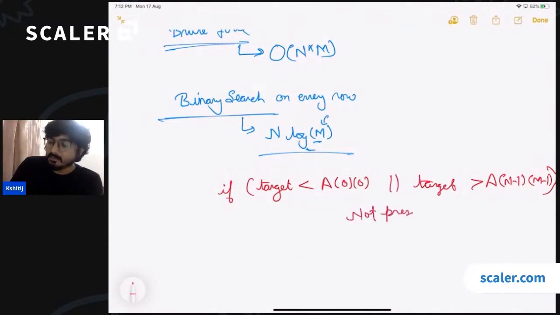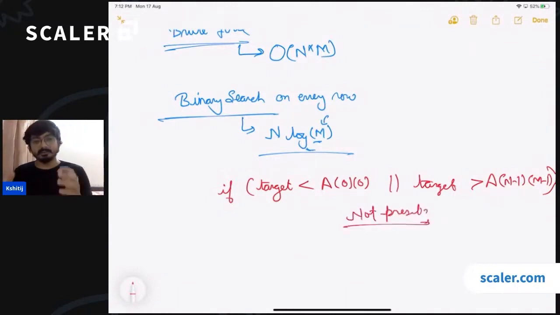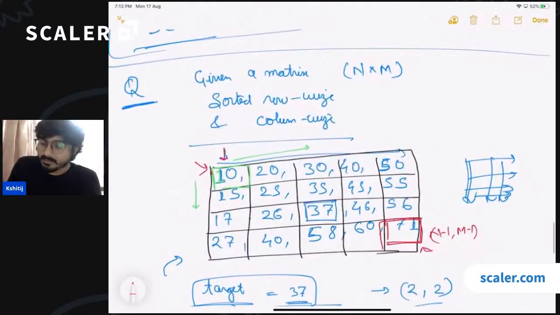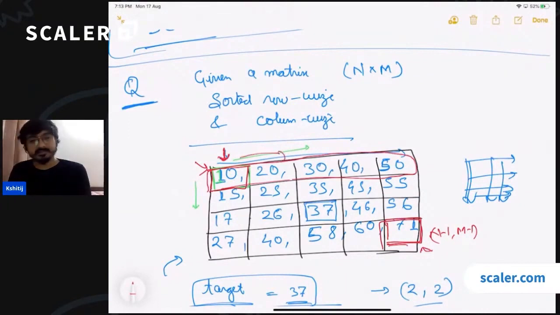Yes. What if the target is inside the range? If the target is greater than 10 and less than or equal to 71, and I'm starting my search from this point, can the target be present in this row? If it is greater than 10, can the target be in the first row?